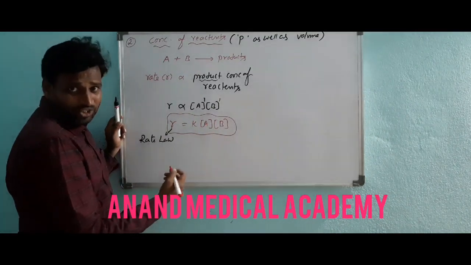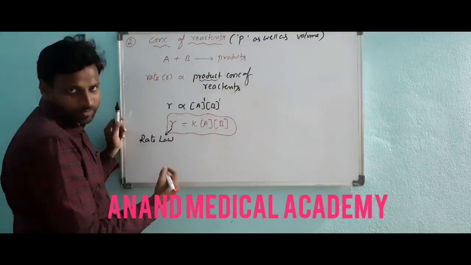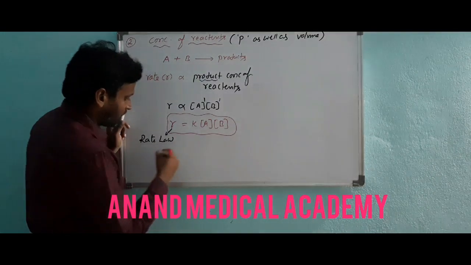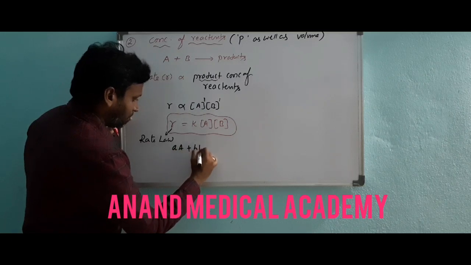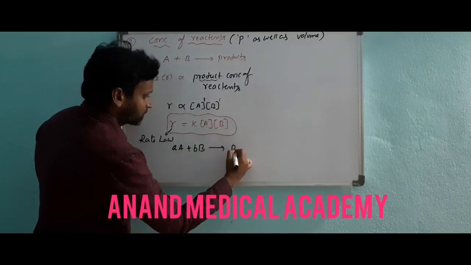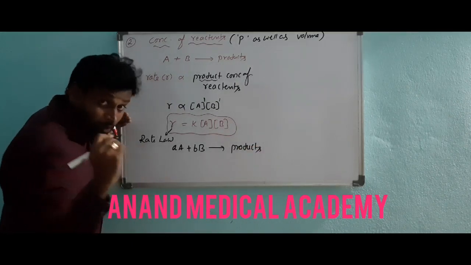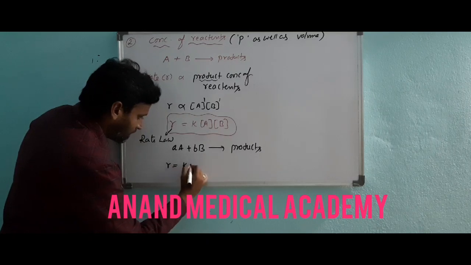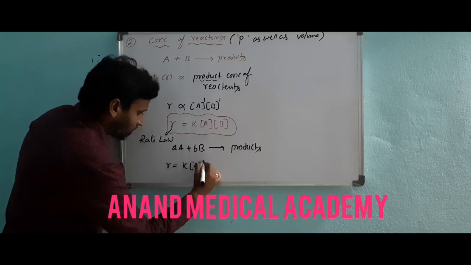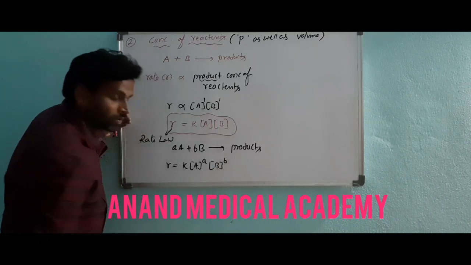For another reaction, let's see how to write this rate law expression. For a reaction aA plus bB gives rise to products, this is very important for you. So R is equal to K into the concentration of A power a and the concentration of B power b.